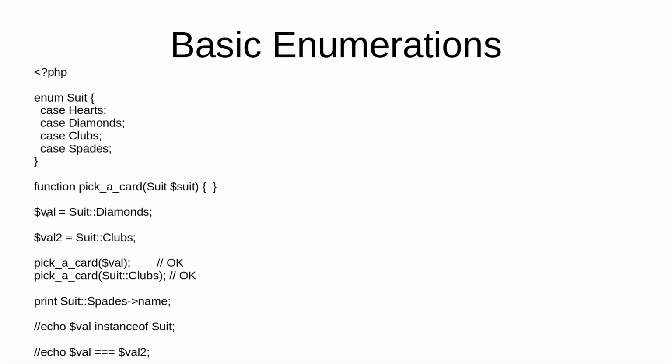Then I have a value val, and I am setting it to Suit::Diamonds, and this is being stored in val. Then I have val2, and Suit::Clubs is stored in val2. Then I'm calling pickACard with val, and then I'm calling pickACard with Suit::Clubs. So these both are valid cases.